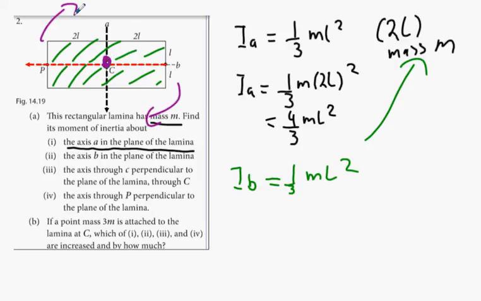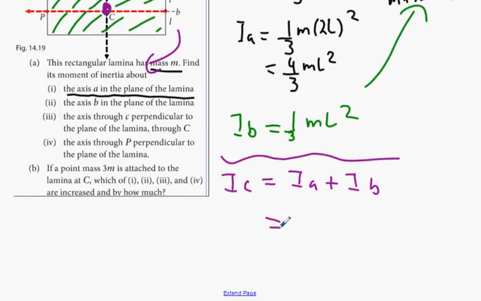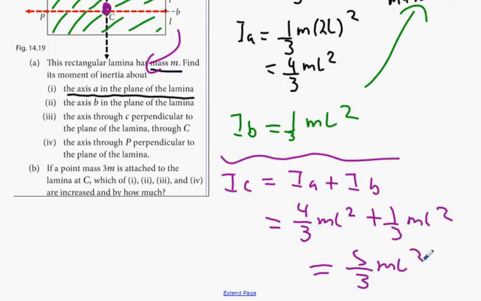It's perpendicular to I_A and I_B. So we're going to do the perpendicular axis theorem, and we'll call it I_C. I_C equals I_A plus I_B, and what you're going to get is 4/3 ml squared plus a third ml squared gives me 5/3 ml squared. Is that okay? 5/3 ml squared.